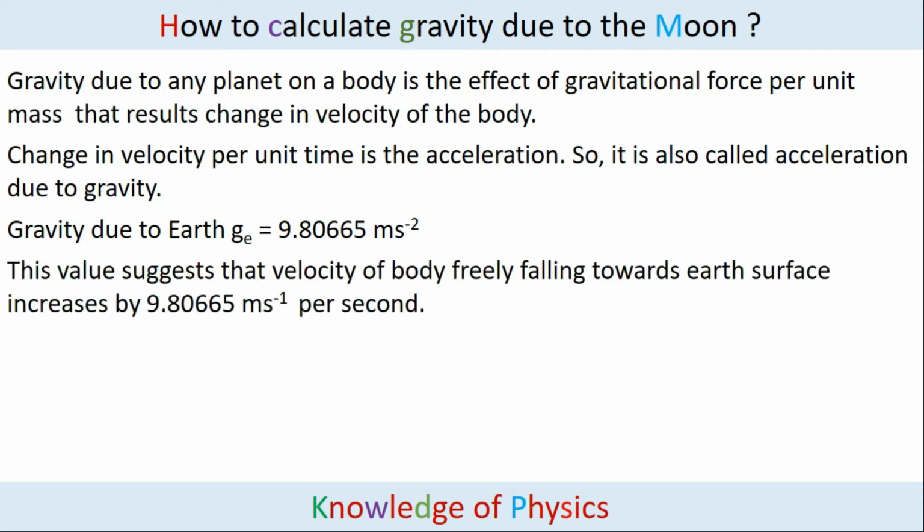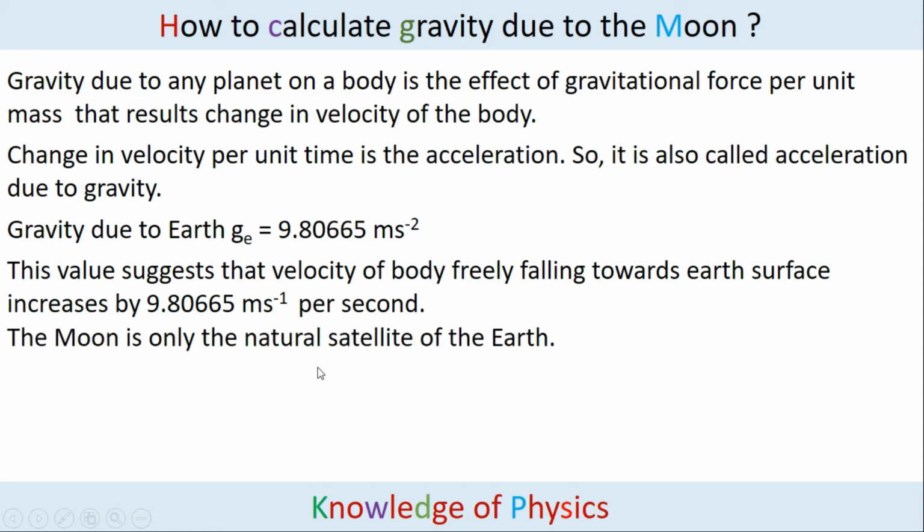This value suggests that the velocity of a body freely falling towards the Earth surface increases by 9.80665 meter per second every second. And a freely falling body means the body is falling without the effect of any other agents or forces except the gravity.